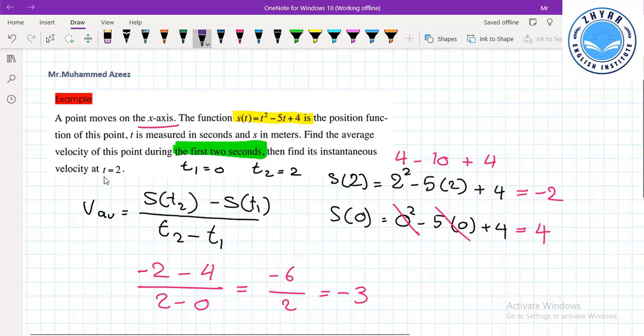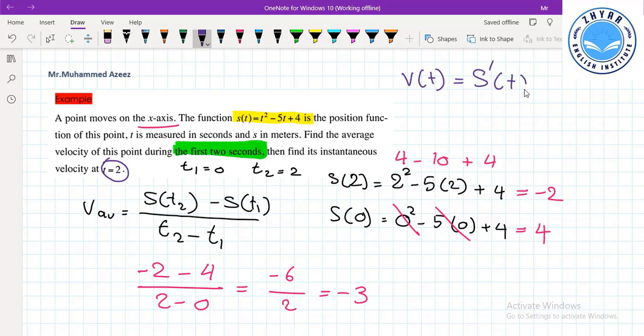Then it says find instantaneous velocity at t equal to 2. Instantaneous velocity is the normal v of t, which we get from derivative of the given function s of t. So s prime of t is the derivative, is equal to 2t minus 5. If we input 2 times 2 is 4. 4 minus 5 is negative 1.